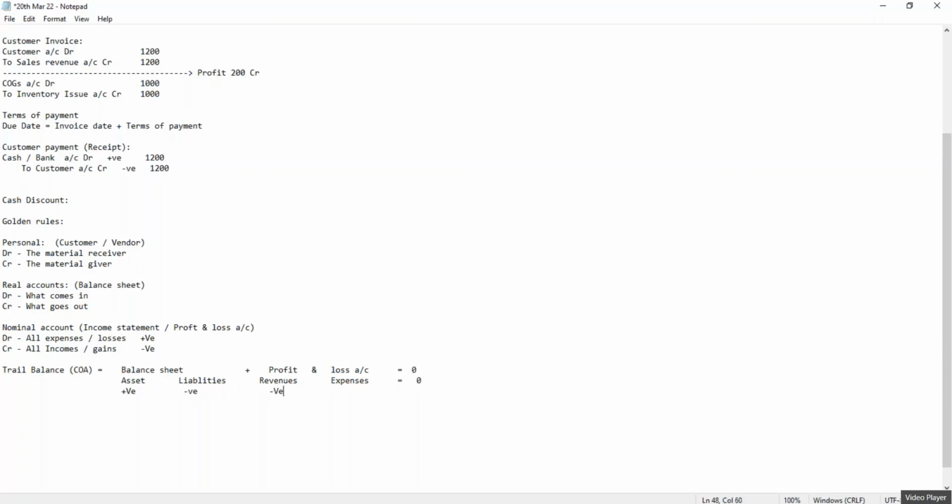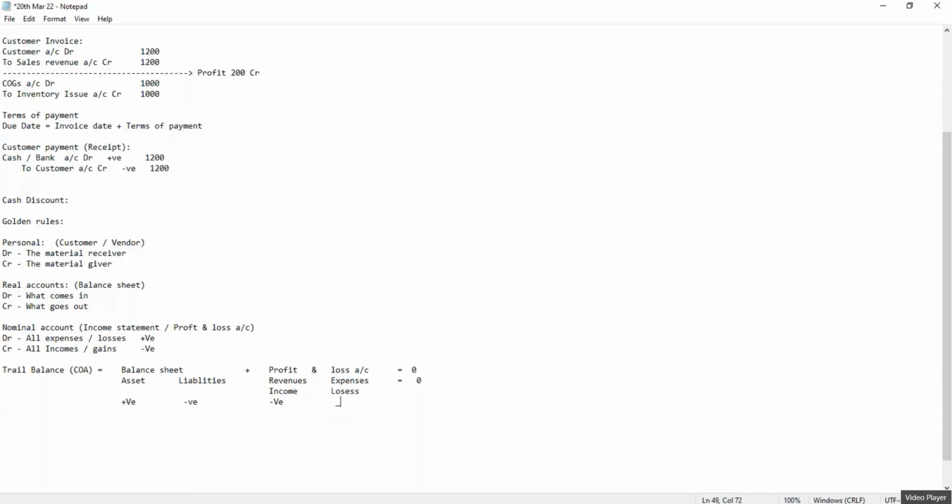This is the only confusion to any person whoever is working in commerce. Here revenues are negative. Revenue or income is negative. And then expenses or losses are positive.